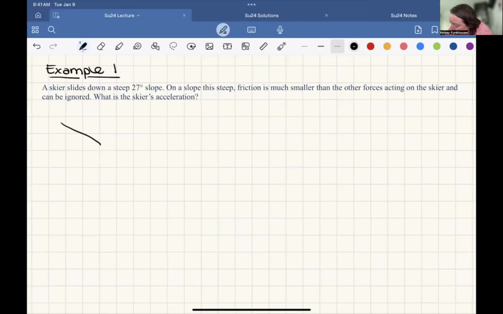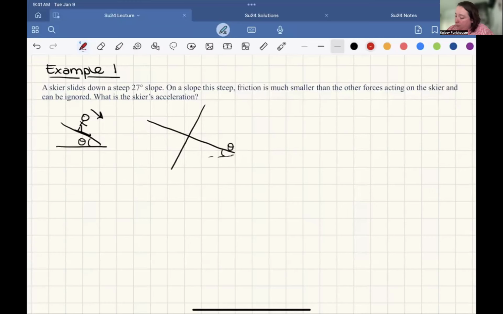So let's draw a skier, sort of. There we go. And they're going that way, and then we have this angle theta. Okay. Now we'll draw our free body diagram, also at an angle, with that theta. Okay, now let's draw our forces.